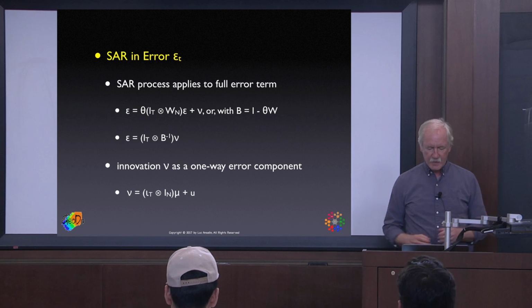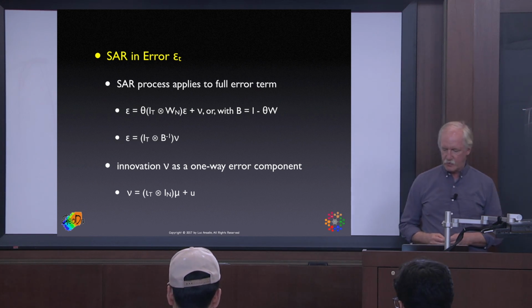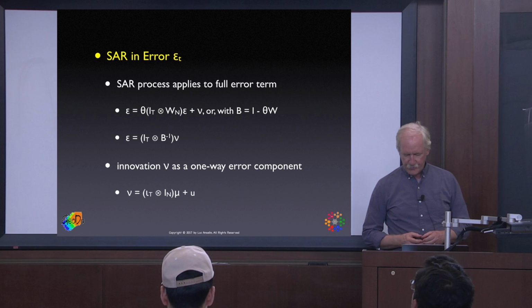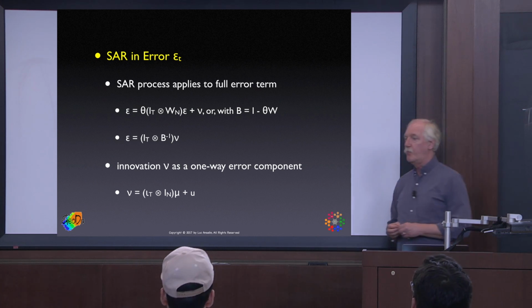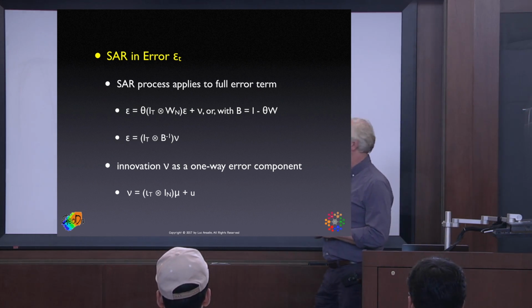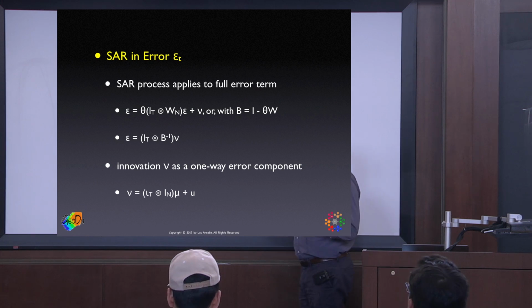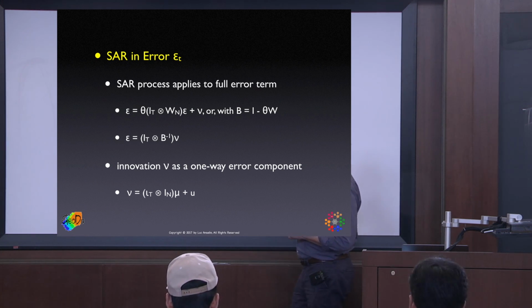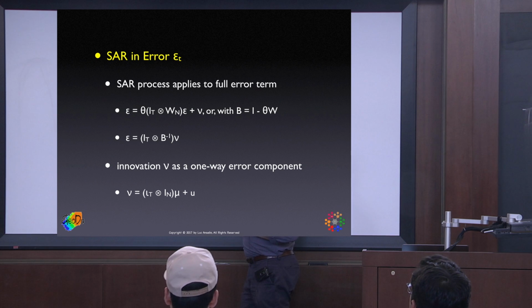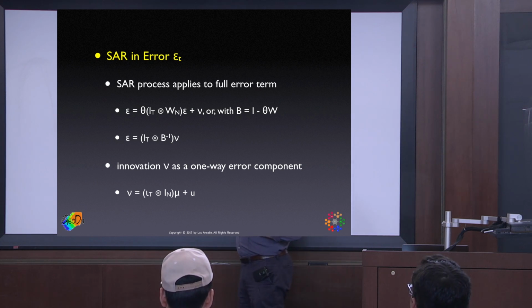So then the second approach, the Kapoor, Kelejian, and Prucha approach, is to apply the spatial autoregressive process to the whole error term. Right. So then we have the usual autoregressive process, the same we saw in the pooled model.